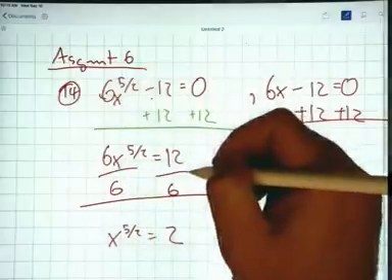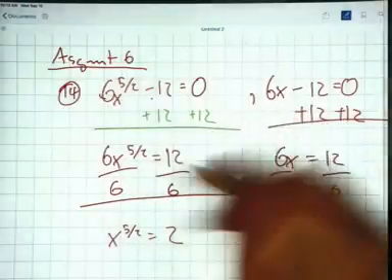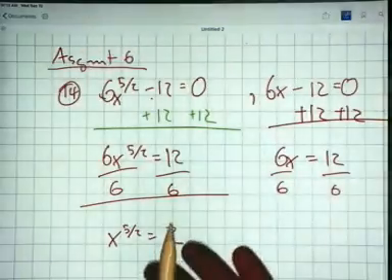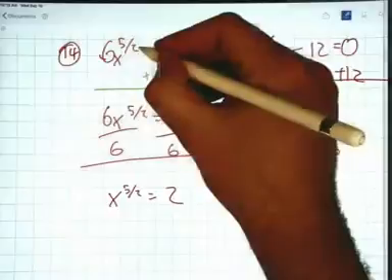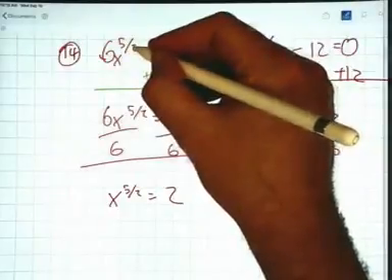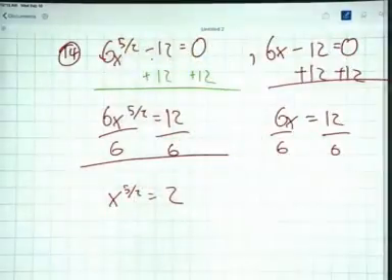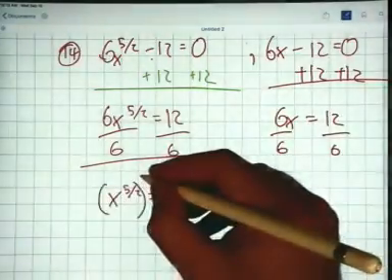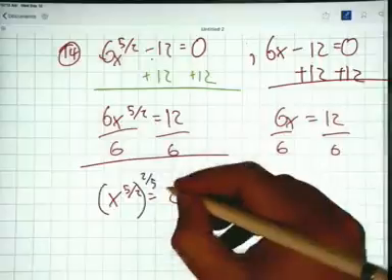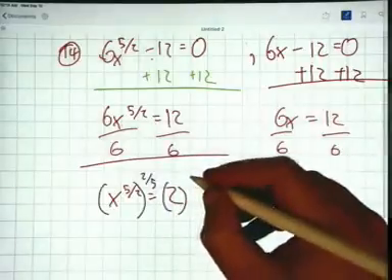We undo that by dividing by 6. Now we're ready to undo the very first thing that's happening to x, which is being raised to the 5 halves. To undo that, we're going to raise both sides to the 2/5.